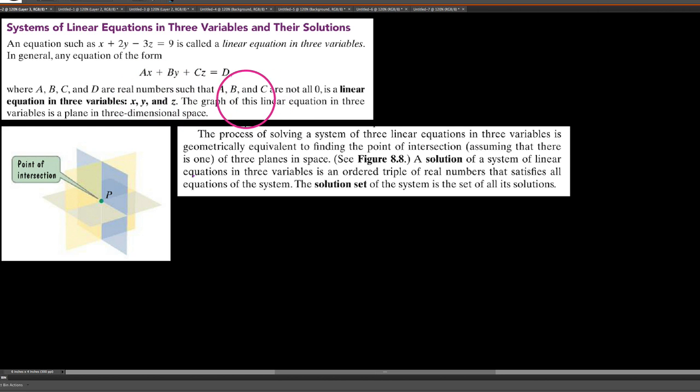One thing we want to acknowledge is that the graph of a linear equation in 3 variables is a plane in 3-dimensional space. It's really weird to consider this, but if you think of your x and y axes here, here's our x, here's our y. We can pass a third axis through these that is perpendicular to both of them, and this would be the z axis.